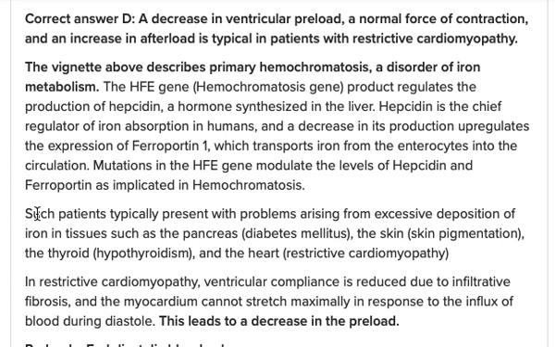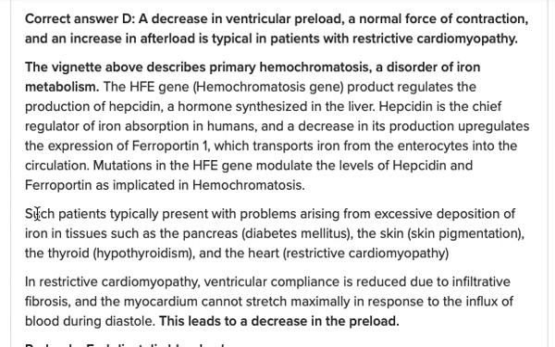Such patients typically present with problems arising from excessive deposition of iron in tissues, such as the pancreas, diabetes mellitus; the skin, pigmentation; the thyroid, hypothyroidism; and the heart, restrictive cardiomyopathy.